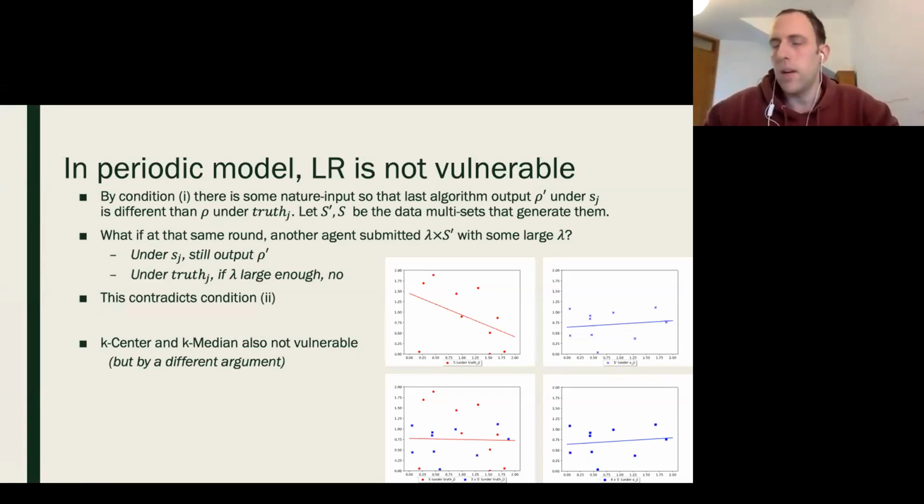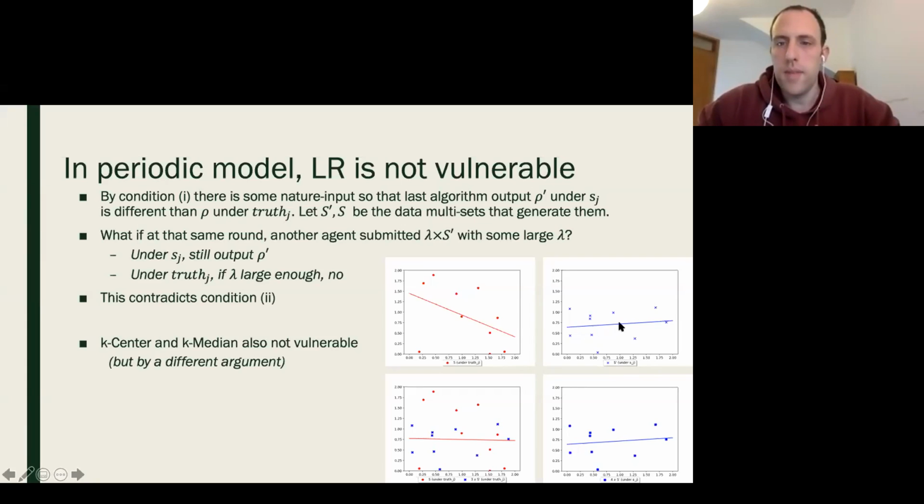We start from a case where condition 1 is satisfied, and we show that it contradicts condition 2. So there is some nature input that is different between this manipulation and the truth. In this case, the red line is the true line, and the blue line is the manipulation line. The lines are different because the agent sent different points.